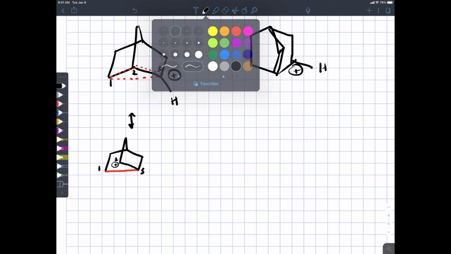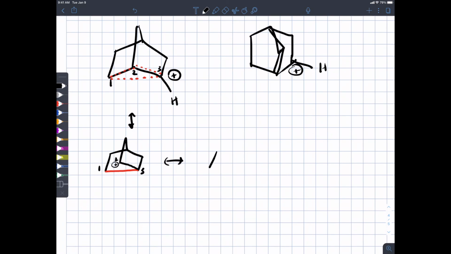And then you could also draw a resonance structure in which you just had a double bond there and a positive charge on that carbon.